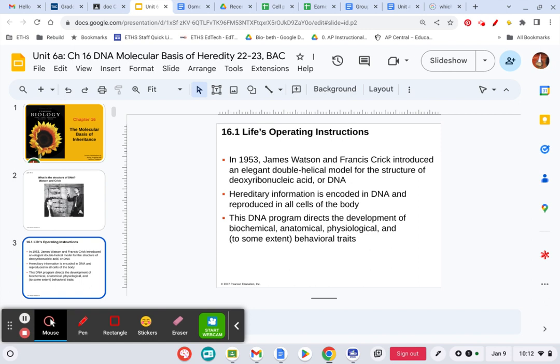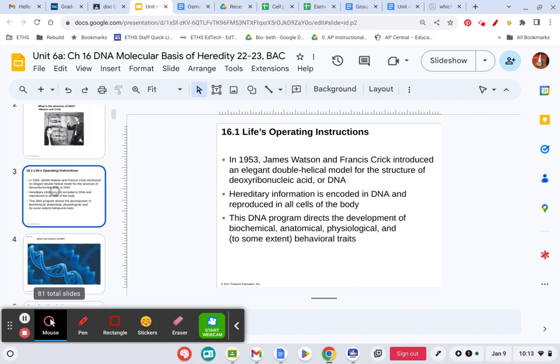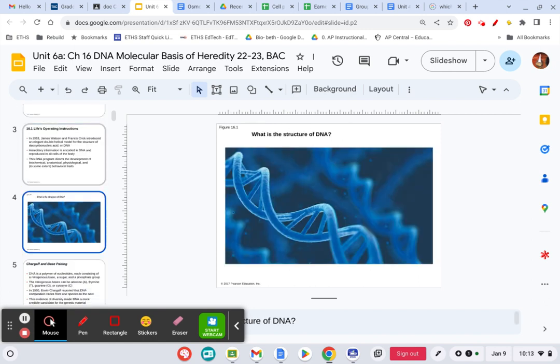Back in the 50s, they didn't actually even know that DNA was the hereditary molecule that got passed down from parents to offspring. So if you looked at an early biology textbook, it didn't exist. They had some suggestions, but they weren't really sure what it was. Turns out it's DNA.